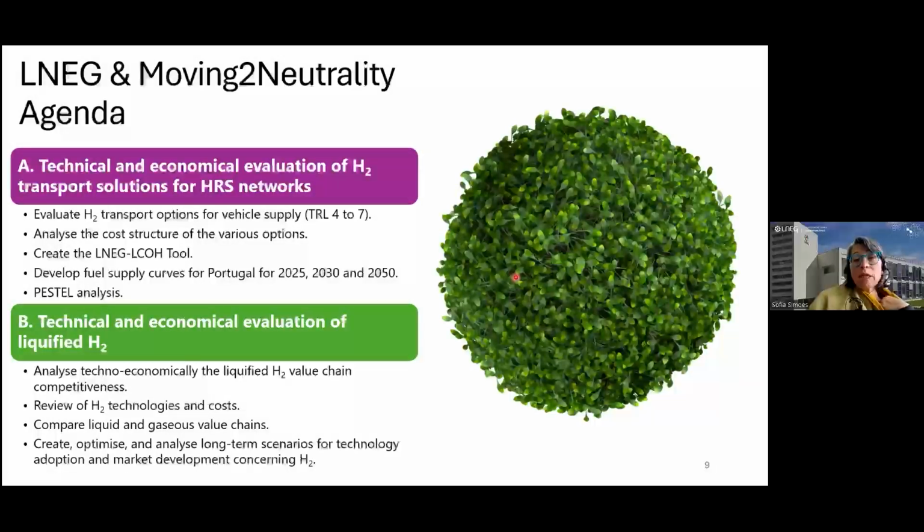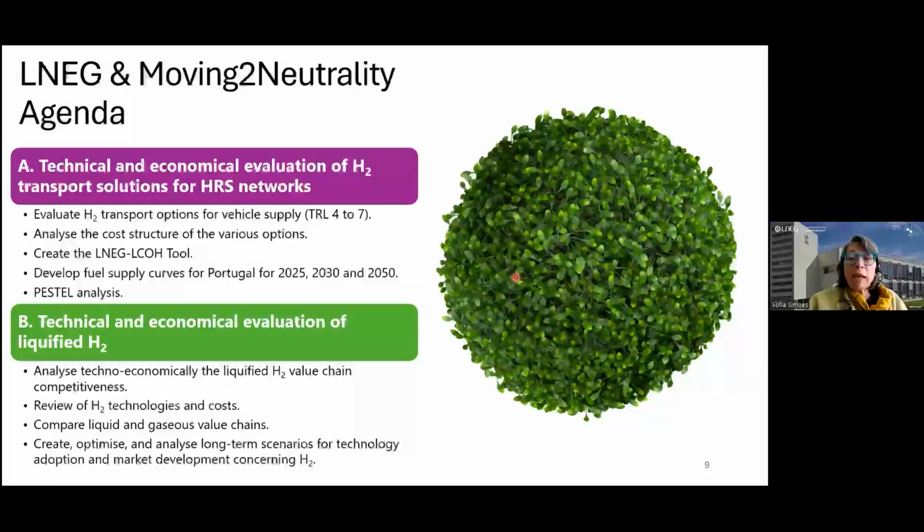Our role in this very big project, Moving to Neutrality, is divided in, let's say, two blocks. Block A is looking into technical and economical valuation of hydrogen transport solutions for hydrogen refueling networks. What do we mean by this? We are looking into how we deliver hydrogen to the transport sector.